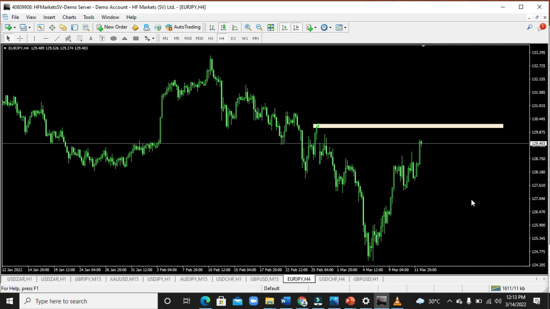So the strategy here confirms that whenever the market gets to this particular point, it will drop down. So if the market is going to drop down, there's no need for me jumping into this market here as a sell. What I need to do is to wait for the market to get to this particular point, because this is an area of support and resistance.